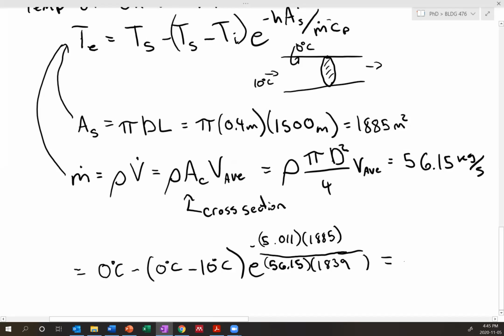All right, and plugging in all that, we get our exit temperature of 9.13 degrees Celsius.